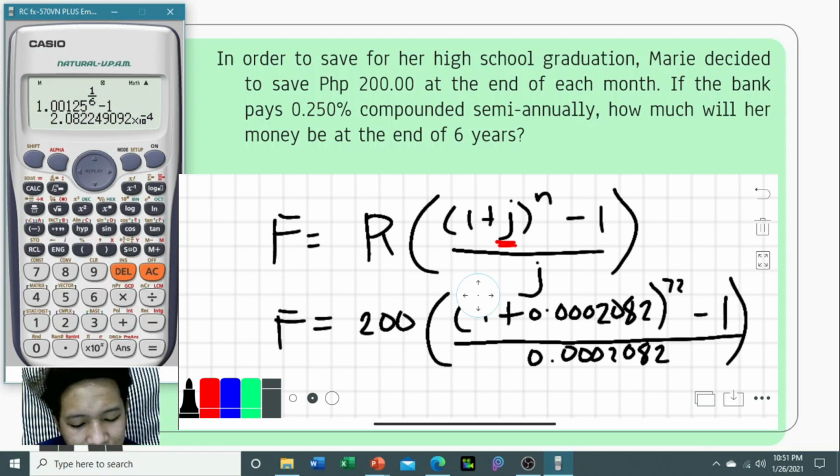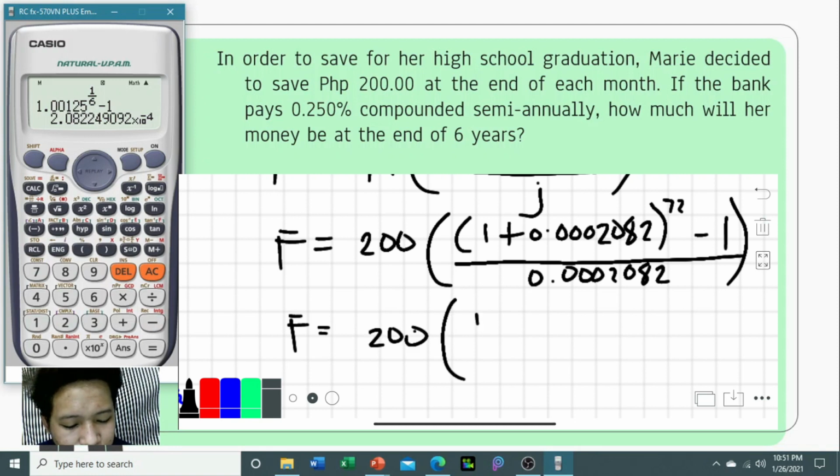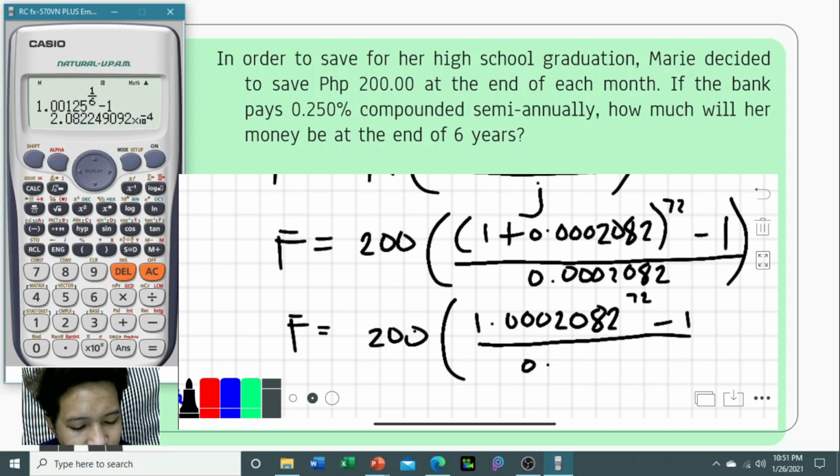Okay po? And then, we simplify. We have 200 multiplied by 1.002082 raised to 72 minus 1 over 0.002082. Then we have the close parenthesis.